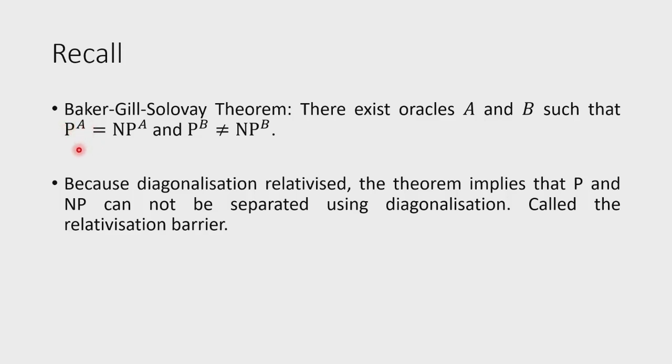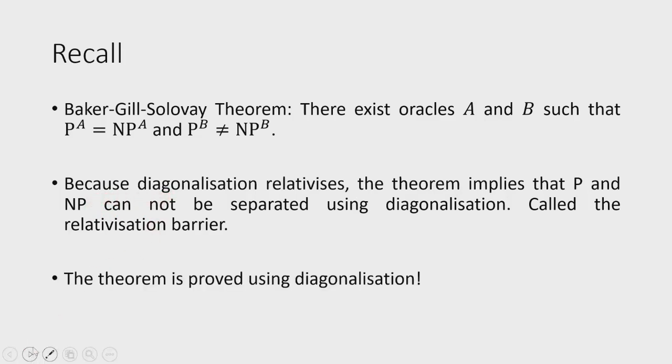There exists a deterministic Turing machine which, when given oracle access to A, decides that language. In fact, P to the A would be the same as P only, I think. No, it is P with oracle access to A. For example, A can be a very difficult problem, something like exponential. Right, right.